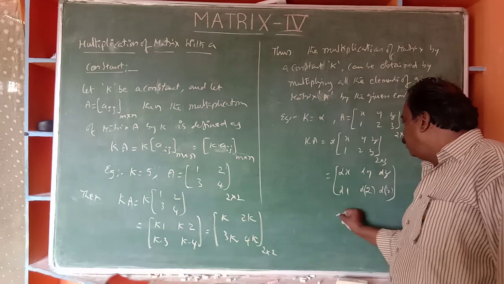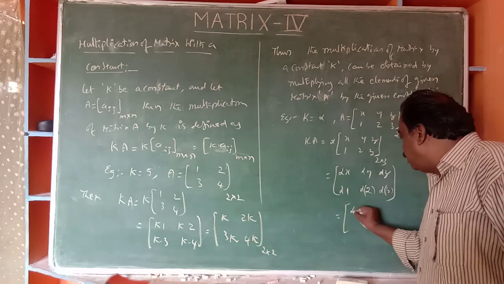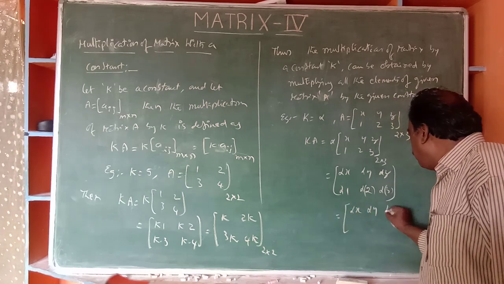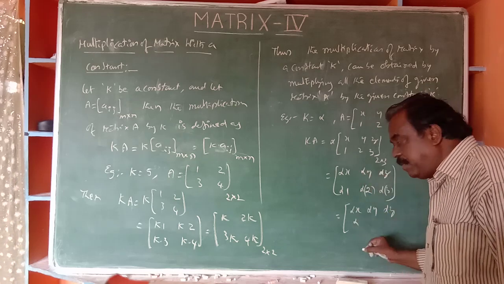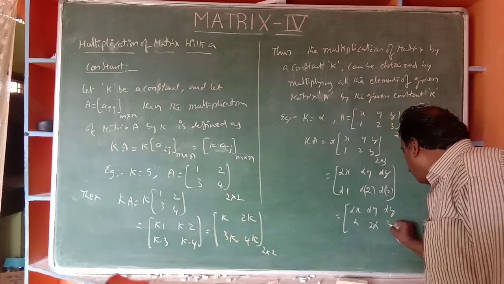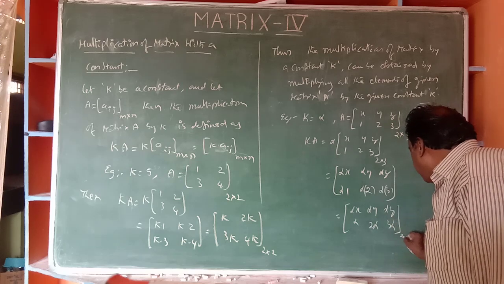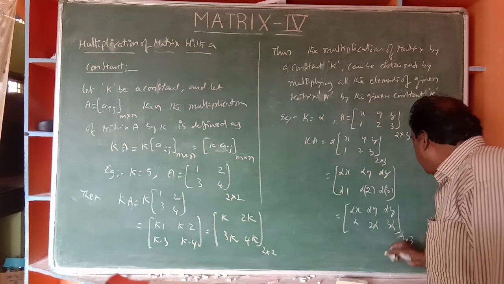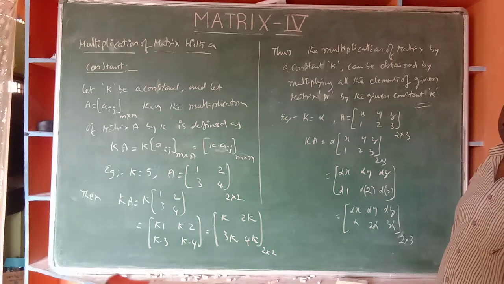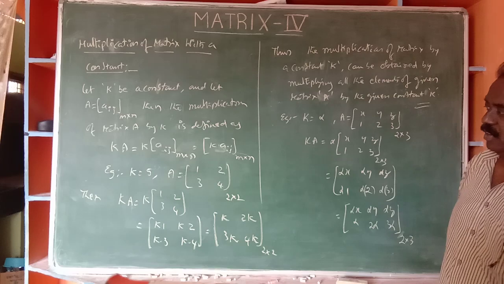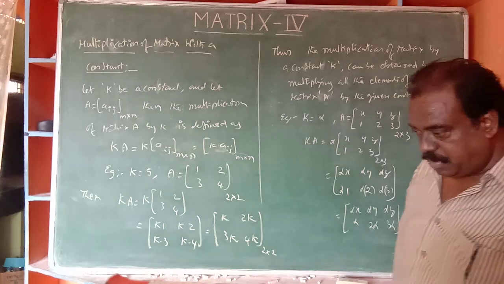That is nothing but alpha x, alpha y, alpha z; alpha, 2 alpha, 3 alpha. So that we can multiply a matrix by a constant.